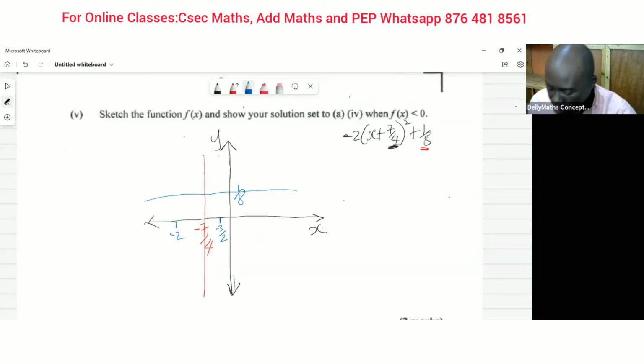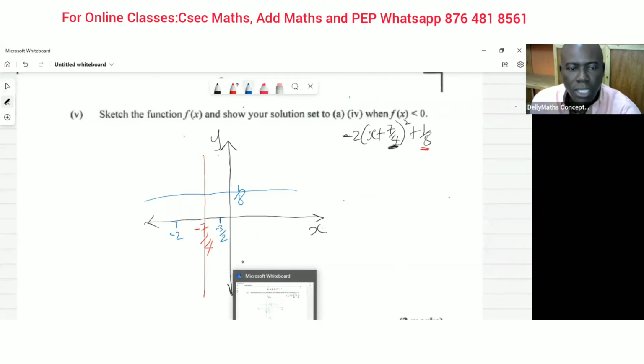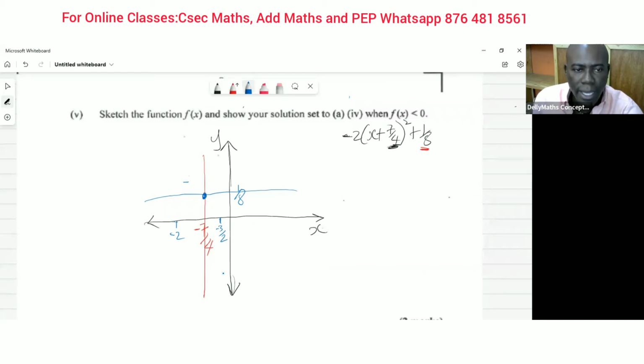All right, -3/2 right there. It might not be properly balanced, but it's understandable. So this is where we're going to have our turning point, which is -7/4 meeting 1/8.